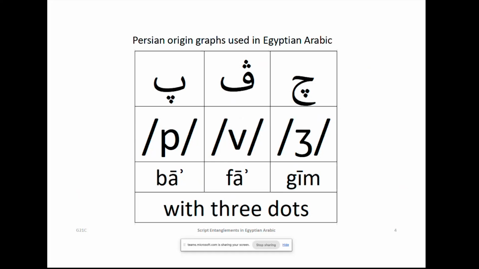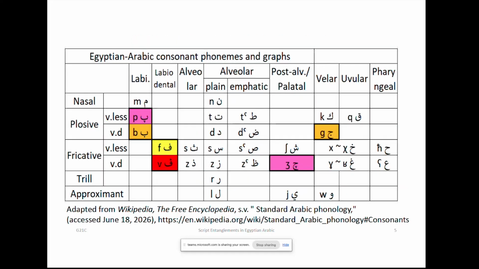They correspond to the letters that do exist in Egyptian Arabic that are with 1 dot only. So Ba with 3 dots and Fa with 3 dots correspond to the phonetic values that they have acquired in Arabic more generally, and are respectively the voiceless and the voiced equivalent of their iconic Arab cousins, Ba and Fa, 1 dot.